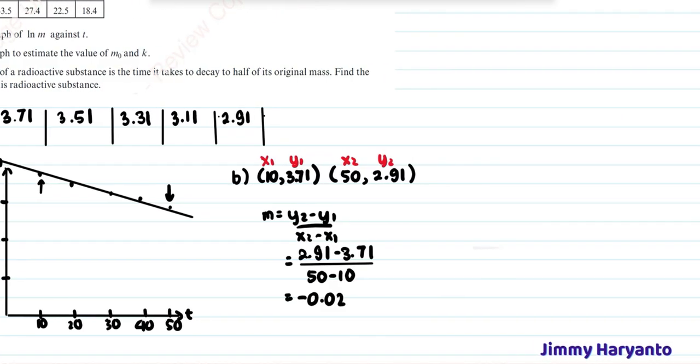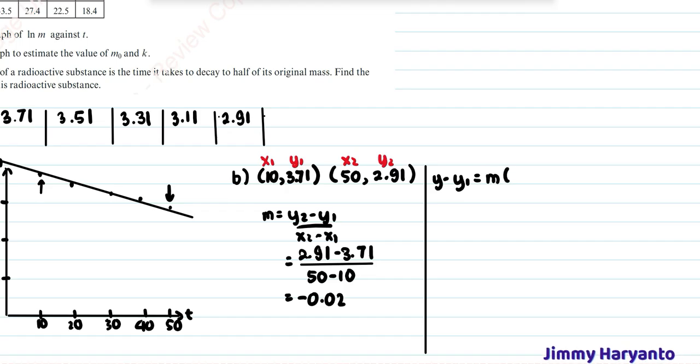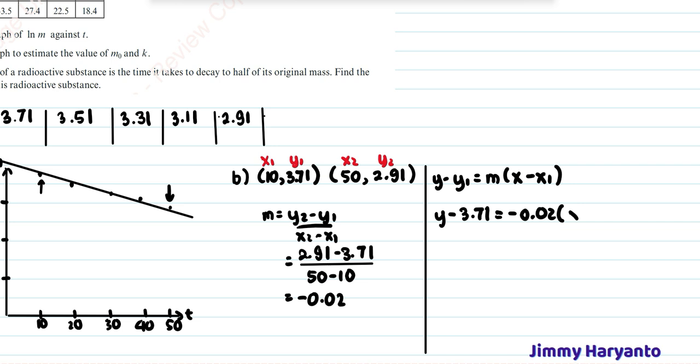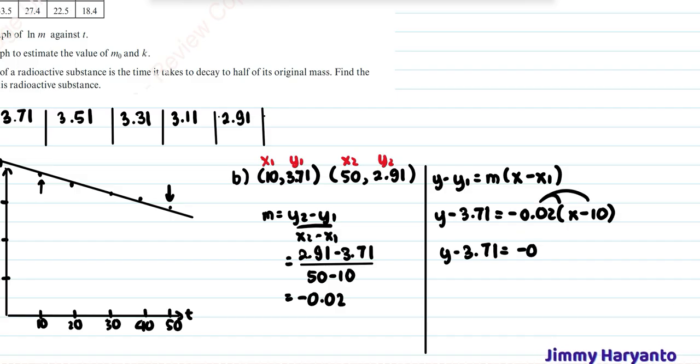And then use y minus y1 equals m times x minus x1 to find the equation of the line. y minus 3.71 equals negative 0.02 times x minus 10, and then you only have to multiply this one and that one, negative 0.02x plus 0.02.